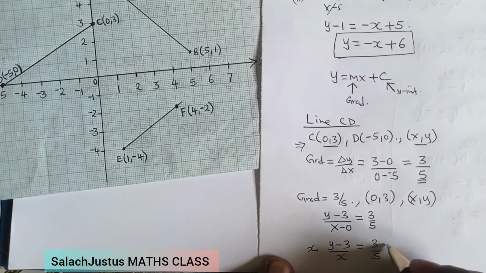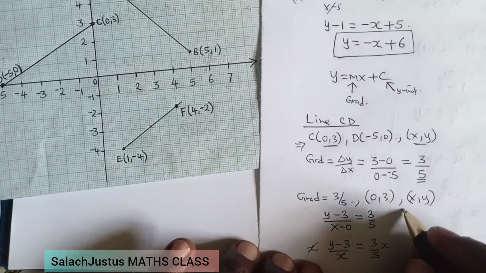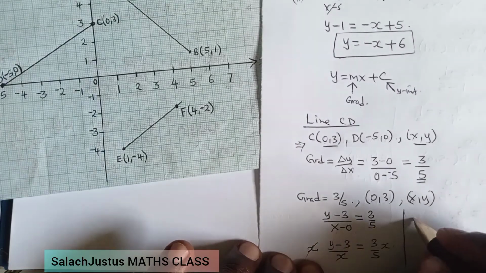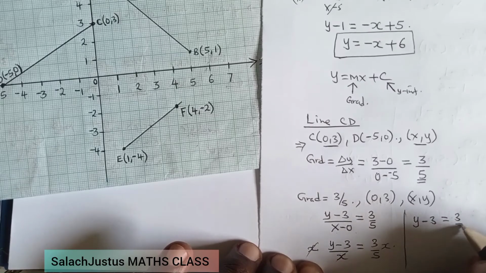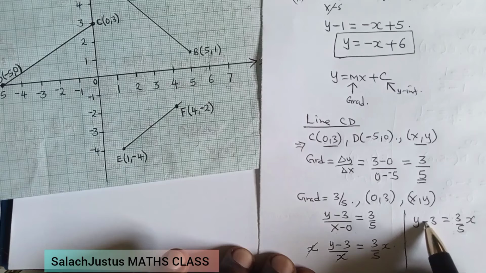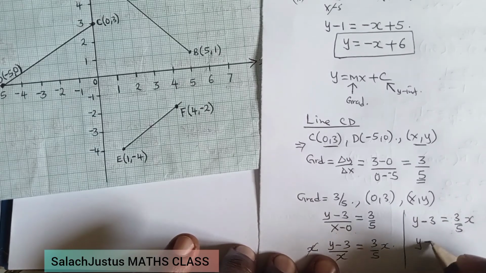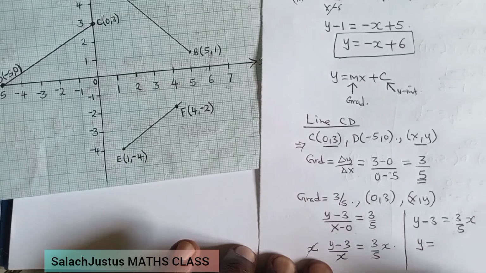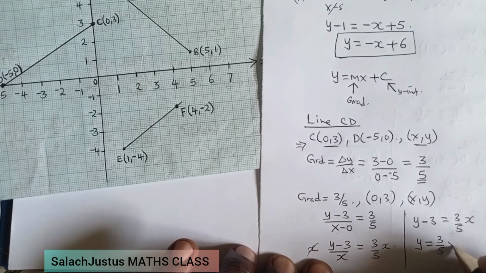The x on the left cancels out, leaving behind y minus 3 equal to 3 over 5 x. Add 3 to both sides, or take this -3 to the right hand side, which changes the sign to positive. We get now 3 over 5 x and then plus 3.